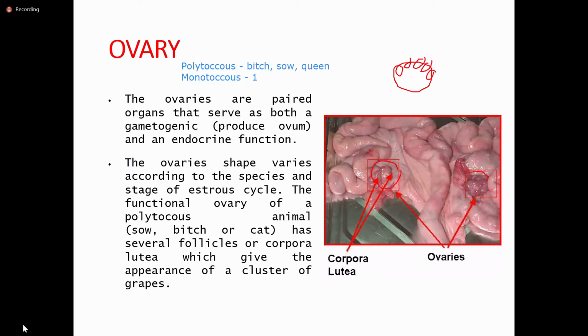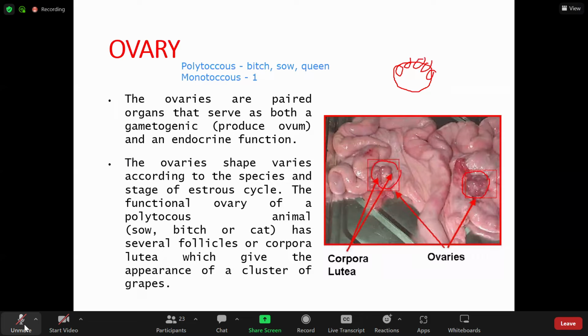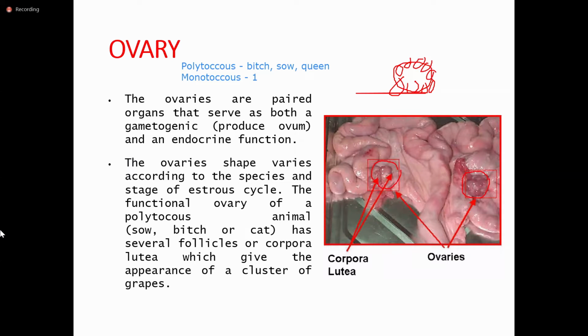Kasi marami silang mag-ovulate. That's why they are polytocous. Kung minsan may nanganganak ng 12, may nanganganak ng 15, expected that during their development nitong mga follicle na ito, 15 o ba ang umalis or nag-ovulate. Okay? So that is the ovary.